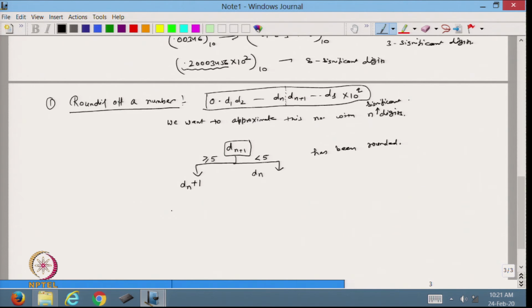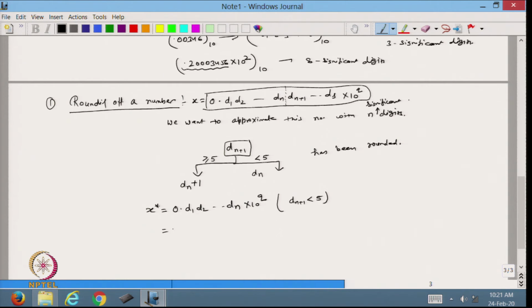So, suppose this is my x, the exact number. I can say that x star is my new number, written as 0.d1 d2 up to dn into 10 raised to power q when dn plus 1 is less than 5.